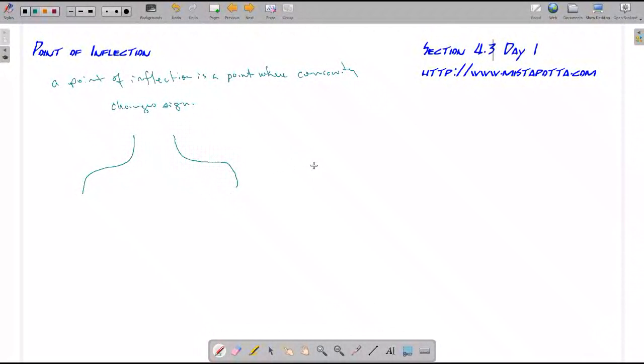And I notice that can happen in one of two ways. One way that it can happen is if I have the second derivative being 0.